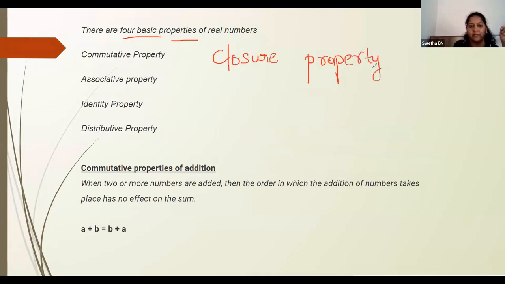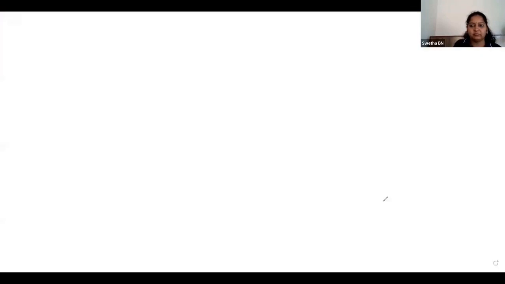Closure property, commutative property, associative property, identity property, distributive property. So you have to study all these in this chapter. Let us discuss one by one. First one was closure property.